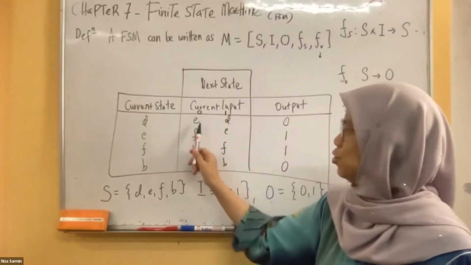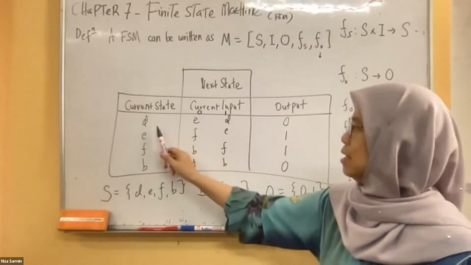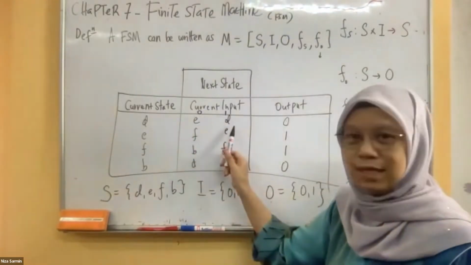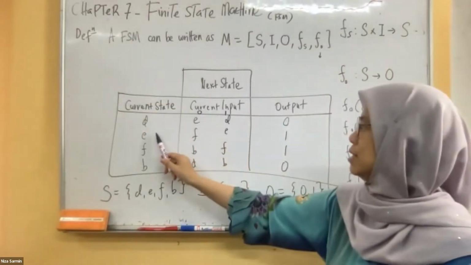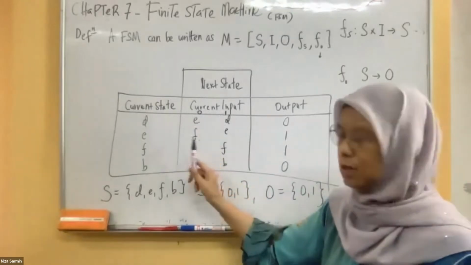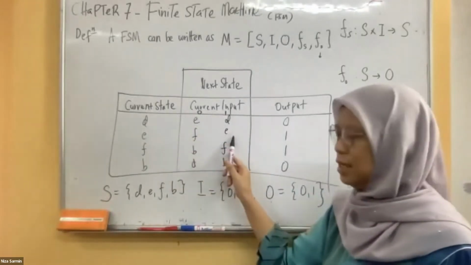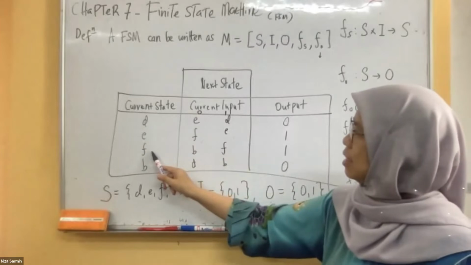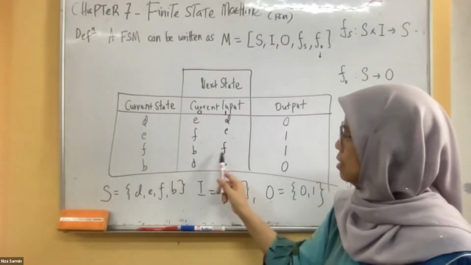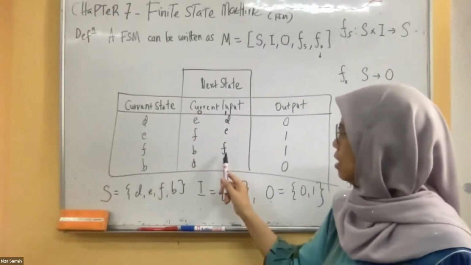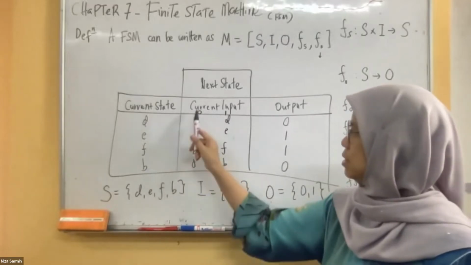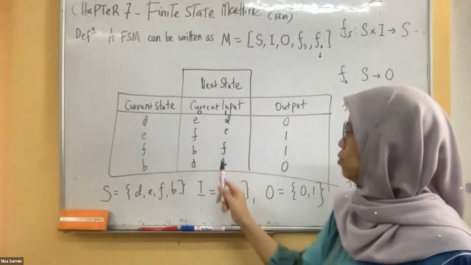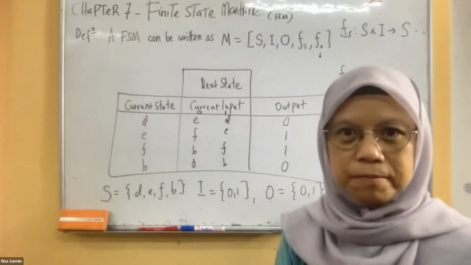Fs D0 is E, Fs D1 is D, Fs E0 is F, Fs E1 is E, Fs F0 is B, Fs F1 is F, Fs B0 is D, Fs B1 is B. 8 of them, right?